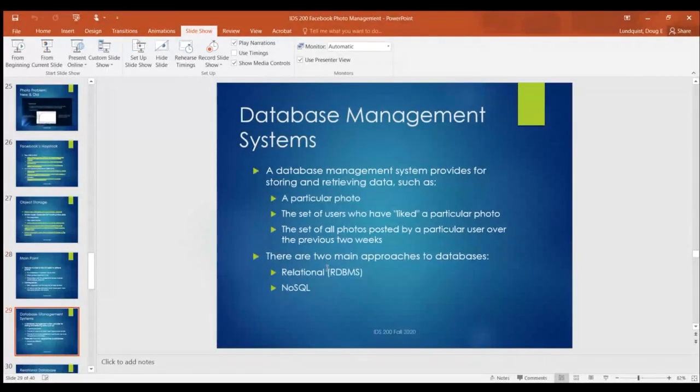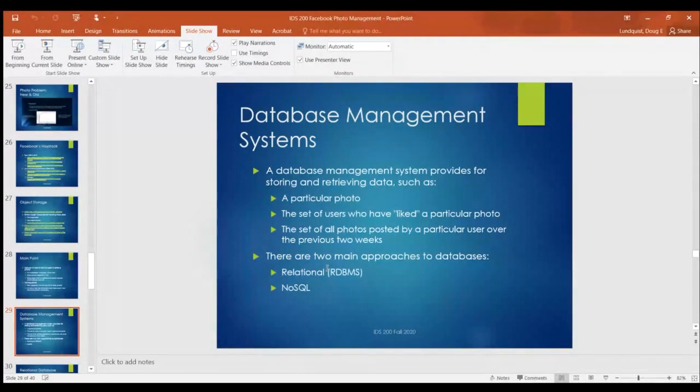So I'm going to very briefly introduce the concept of databases, and then I'll allot some time for questions. A database management system is basically a system for storing data, but not just storing it, also being able to retrieve it quickly. For example, you might keep a particular photo, or the set of users who have liked a particular photo, or all photos posted by a particular user over the last 2 weeks.